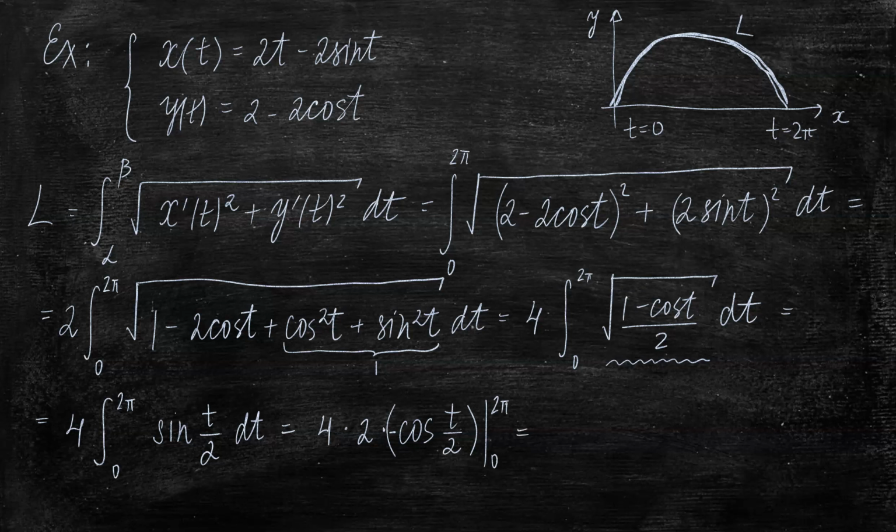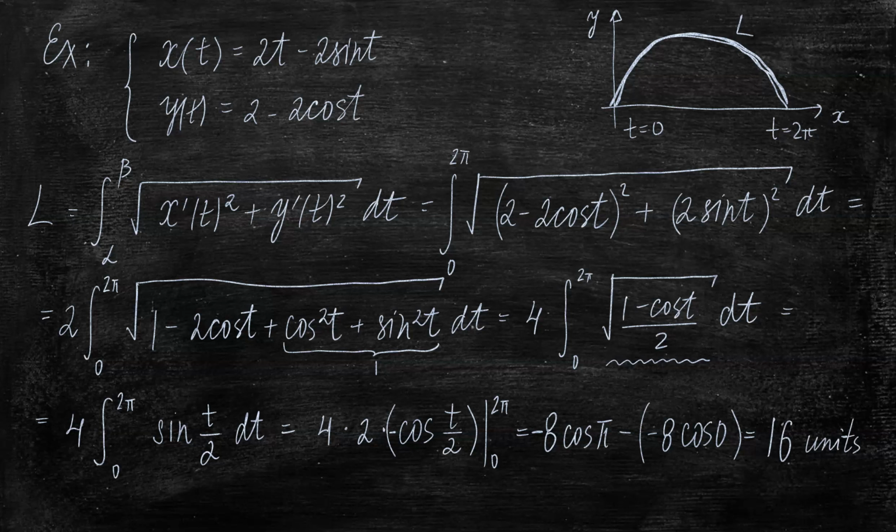So when we plug in 2 pi, we have negative 8 times cosine of pi, and we subtract, and now we plug in 0, so we have cosine of 0. Well, cosine of pi is negative 1, and cosine of 0 is 1, so we have 8 plus 8, which is 16. 16 of whatever units are.